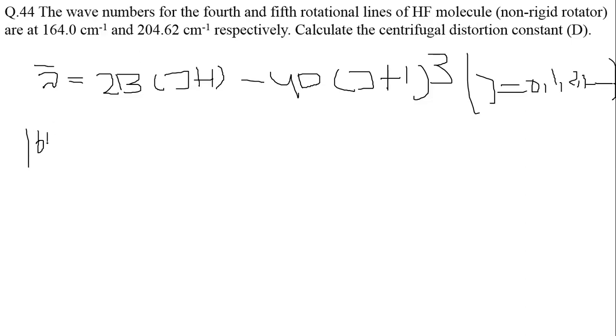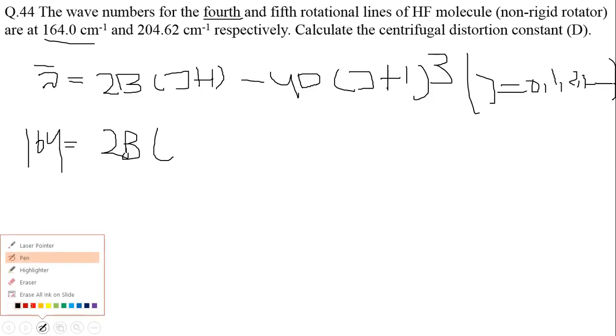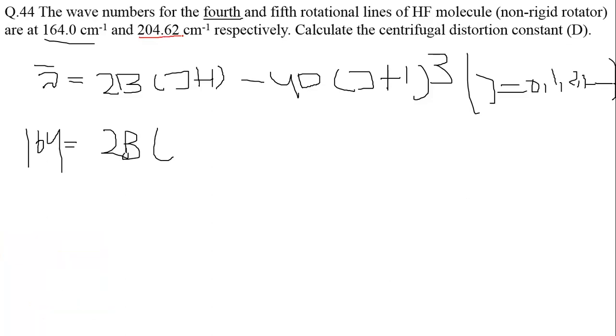164 is equal to 2B into (J plus 1); it is 164 for the fourth line, and 204.62 is for the fifth.